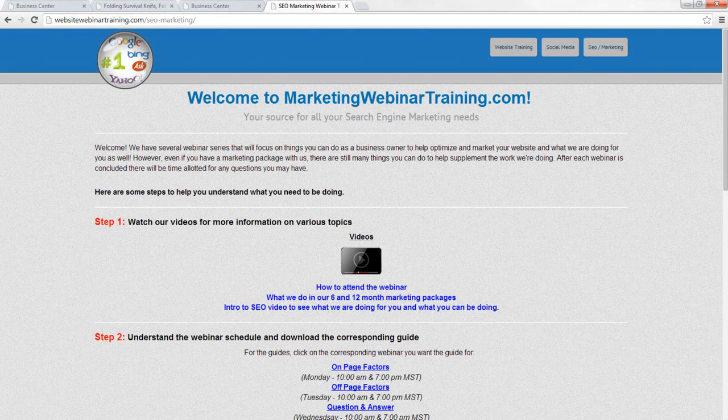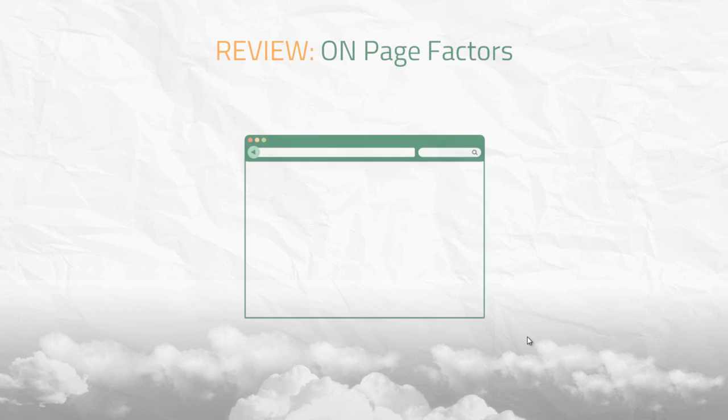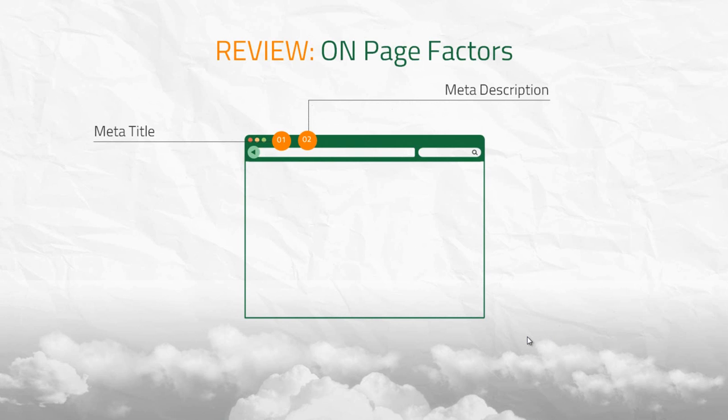All right, so let's go ahead and start the presentation. Today we're going to be talking about first the meta title, then the meta description, and then the meta keywords.